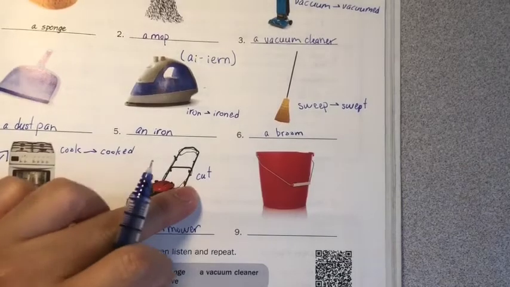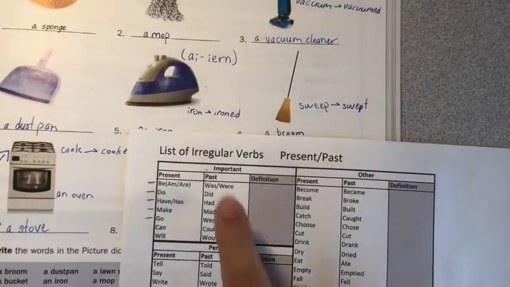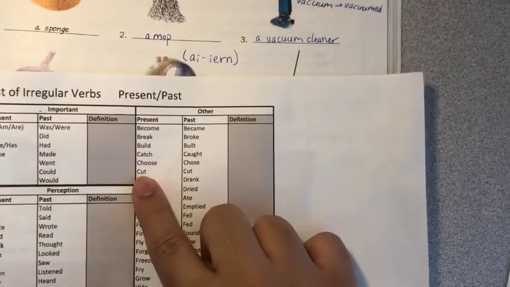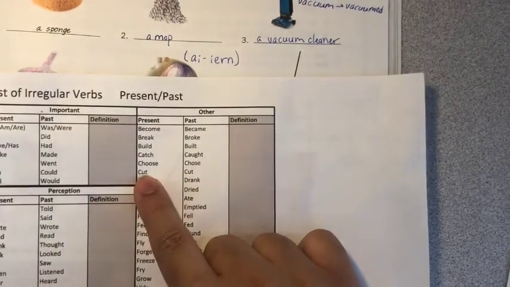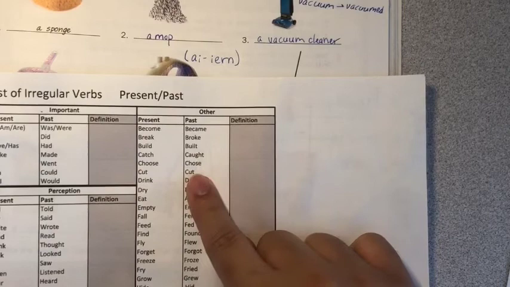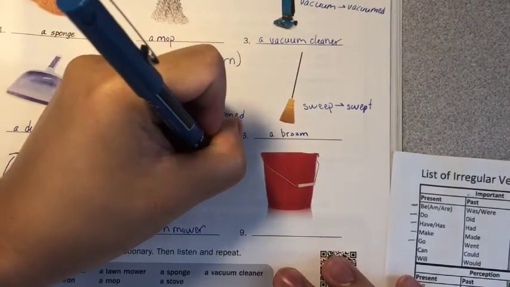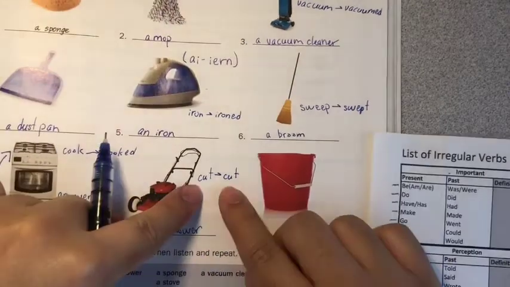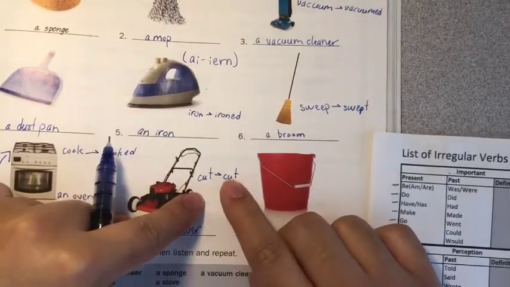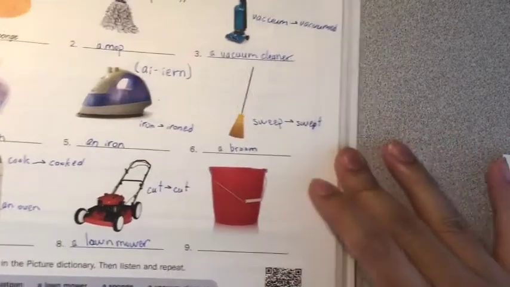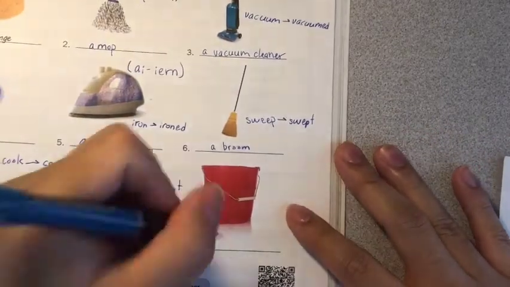The word cut is irregular, so let's use the list of irregular verbs. Here's the word cut in present tense. In past tense, it's cut. It stays the same. So the word cut is the same in present and past. Cut, cut, same.